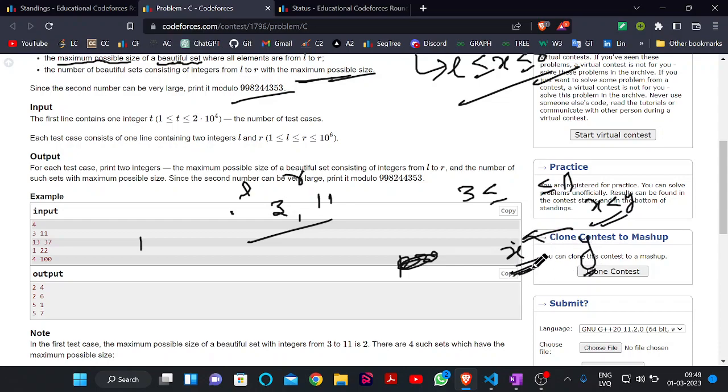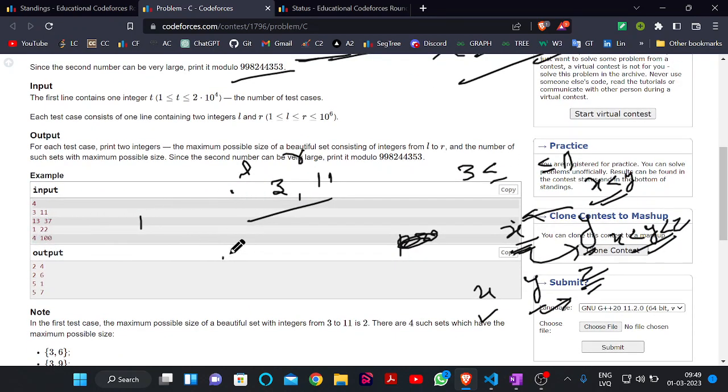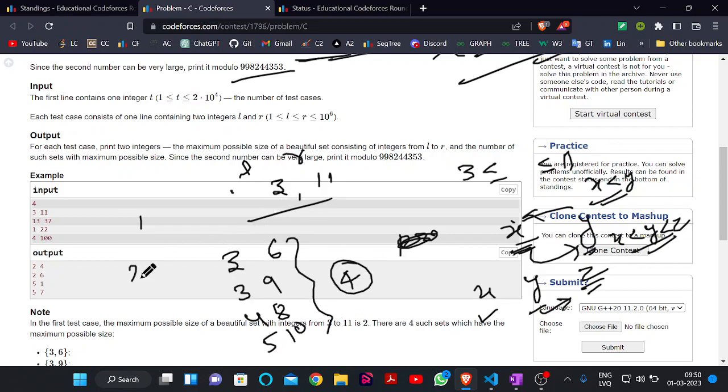Like if x, y, z are there, and I'm writing these in ascending order, with x less than y, then y should be a multiple of x, and z should be a multiple of y. Only then this condition can be followed. So for 3 and 11, there can be 3 6, 3 9, then 4 8, then 5 10. These are the only four sets which follow this condition, and the maximum size is 2.